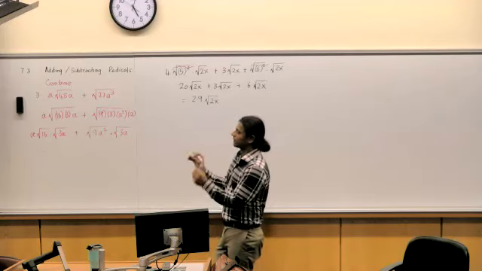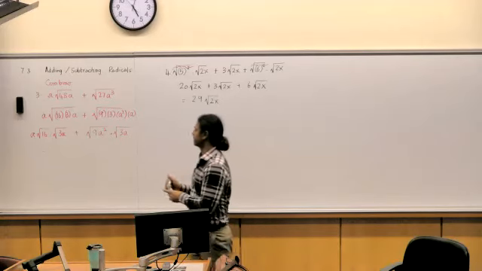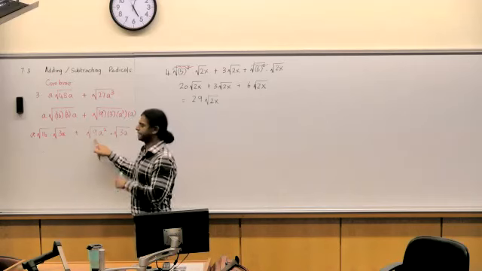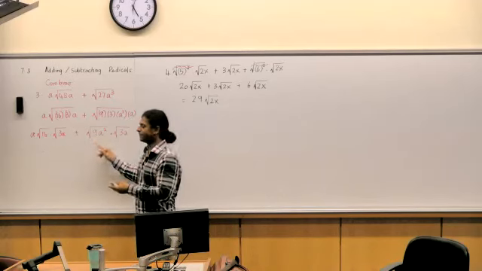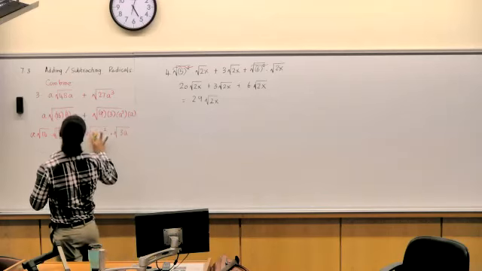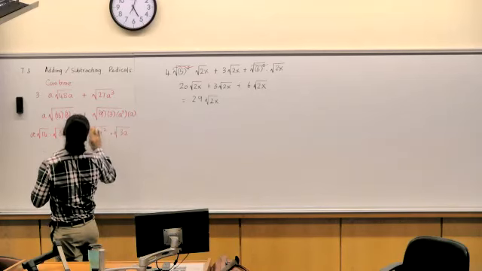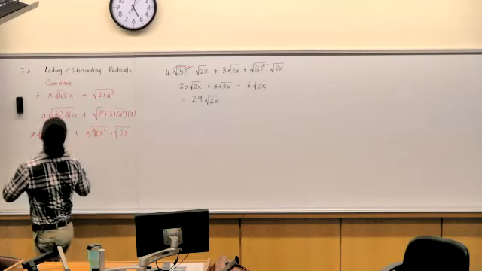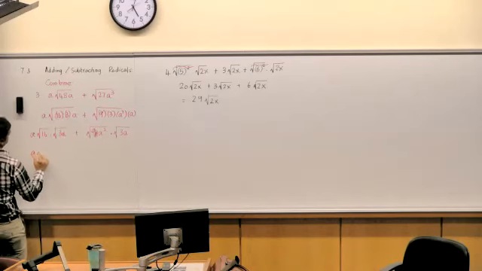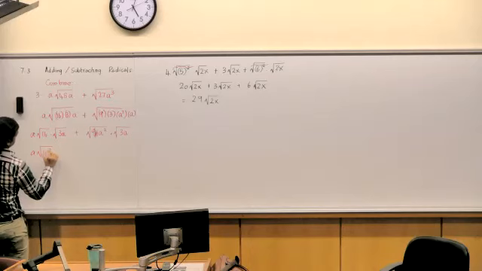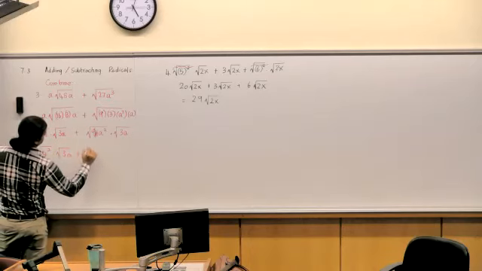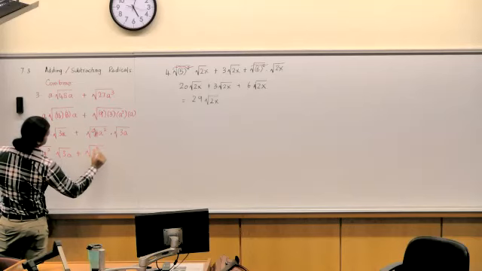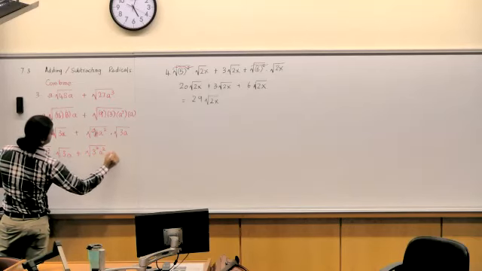I can do this because I'm multiplying numbers. But 9 is 3 squared, correct? I'll write it in the next one. 16 is 4 squared. 9 is 3 squared.